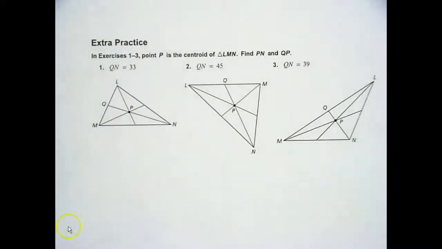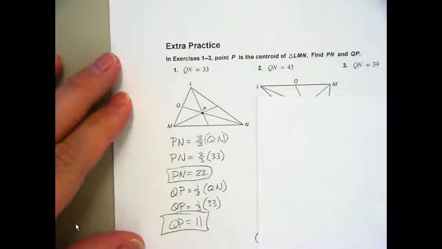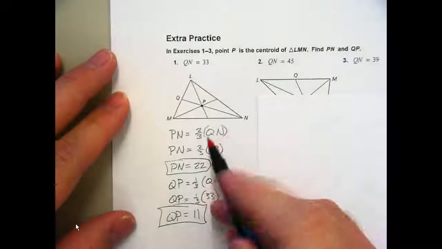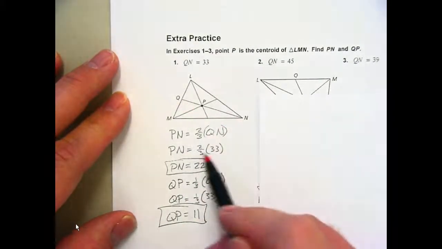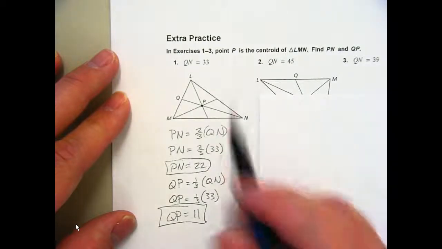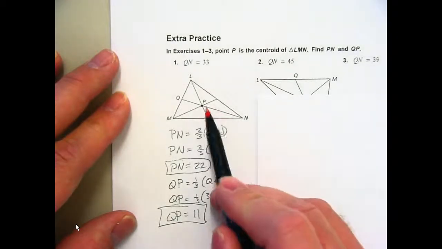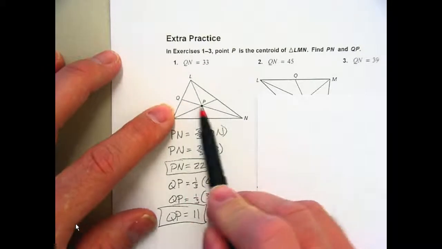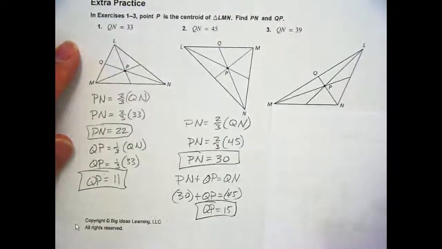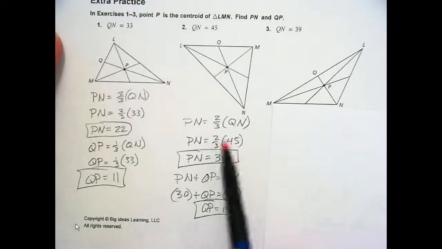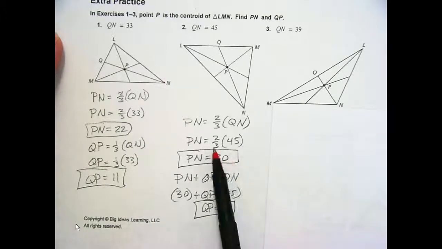Okay, off you go. All right, let's check the first one. PN, when we put them in there, is 2/3 of the length of QN, which is 33. Therefore, 2/3 of 33 is 22. So this length is 22, and then 1/3, the remaining length, would have to be 11 if the whole thing is 33. Number 2, we have PN as 2/3 of QN, and if QN is 45, 2/3 of that is 30.